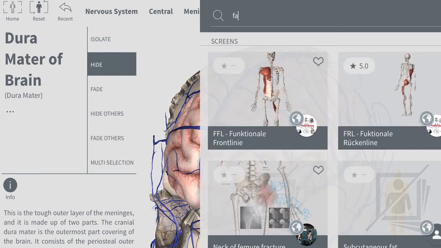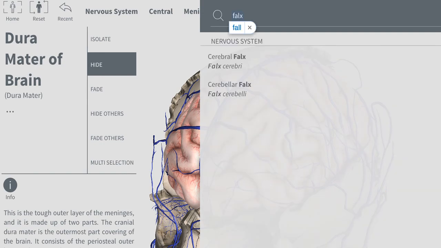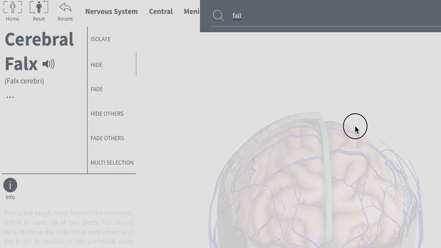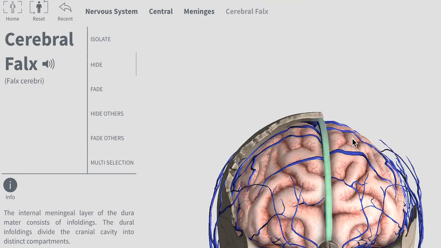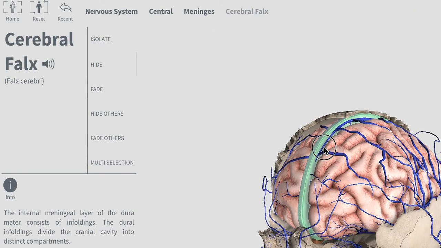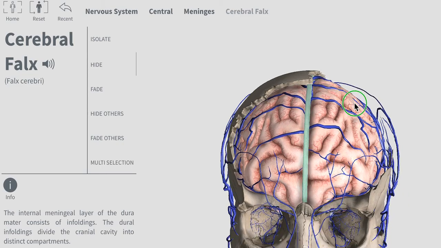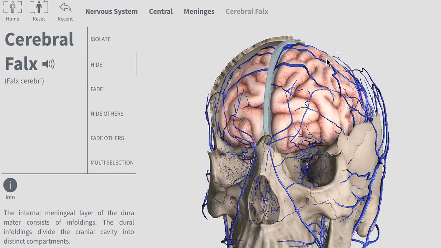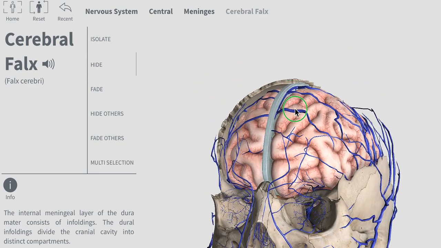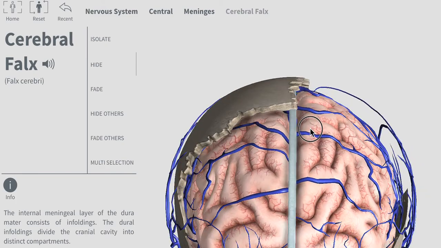Let me try this, falx cerebri. Now the falx cerebri is just a part of the Dura Mater. That's the infolding of Dura Mater. So on this animation, since there were two different structures, I doubt they will be actually continuous.